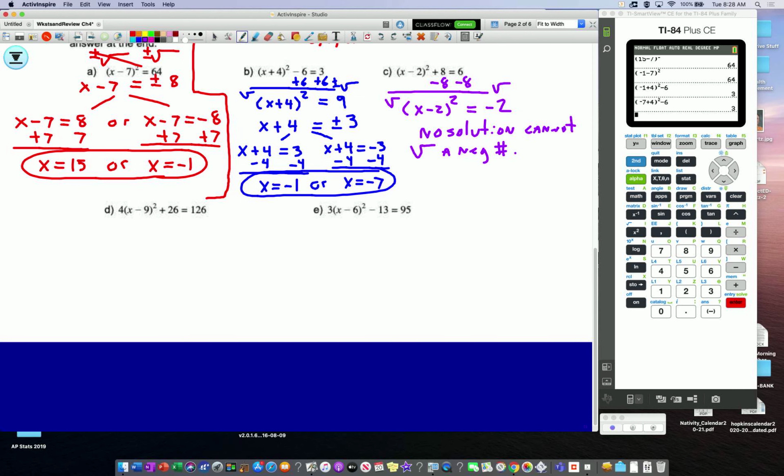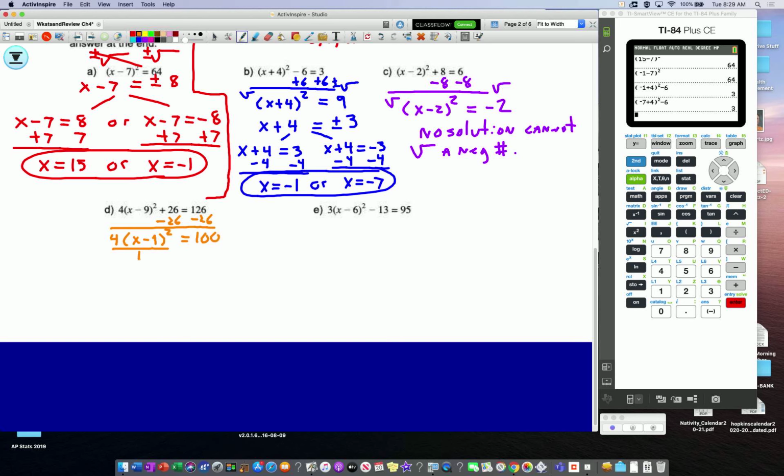Let's take a look at the last two. Ooh, got a couple steps on this one. All right, so on this one here, I have to first subtract 26. When I do, I have 4 times x minus 9 quantity squared equals 100.